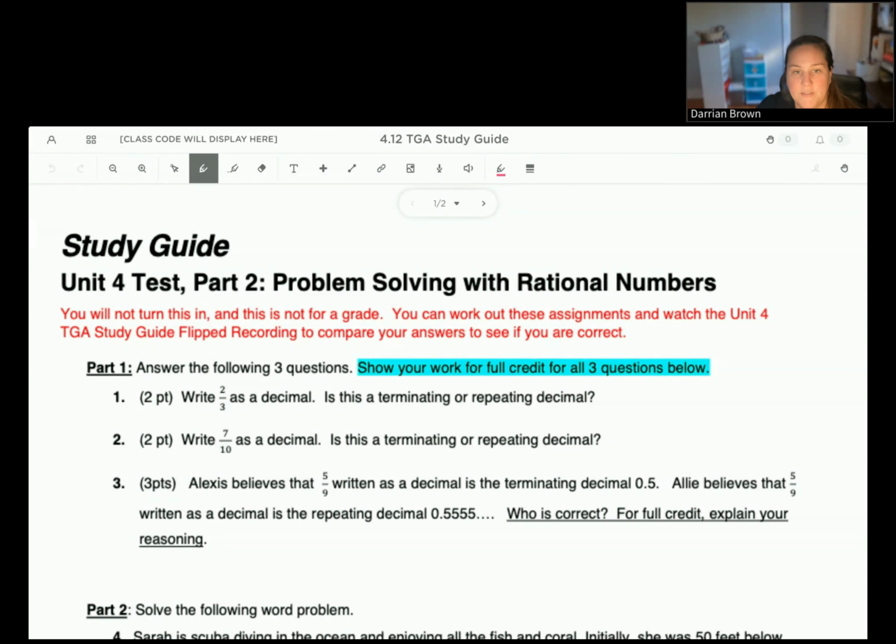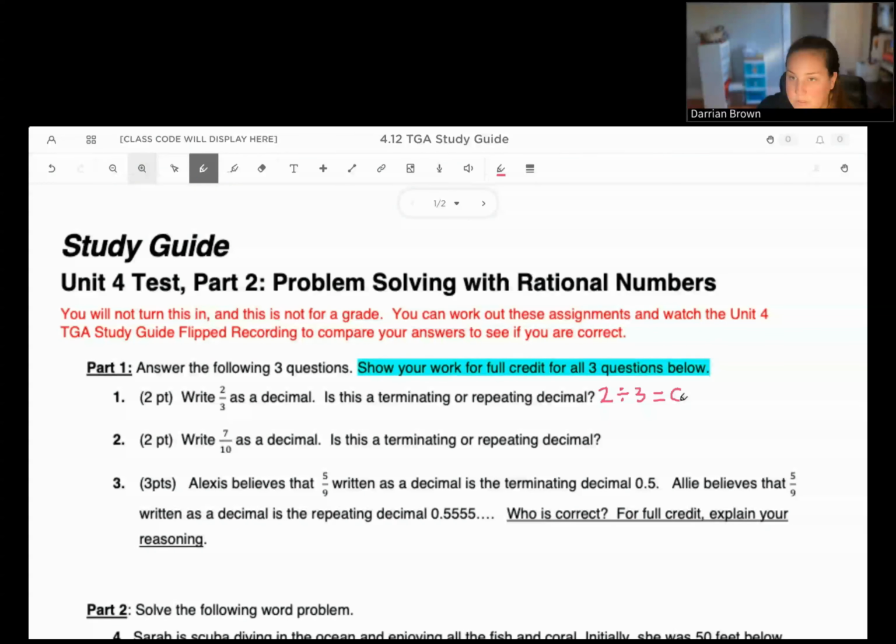Number one says write 2/3 as a decimal. And then the second part to the question is, is this a terminating or repeating decimal? So to go from a fraction to a decimal, you just divide the top number, which is 2, into the bottom number, which is 3. If you have a calculator, you could type 2 divided by 3.